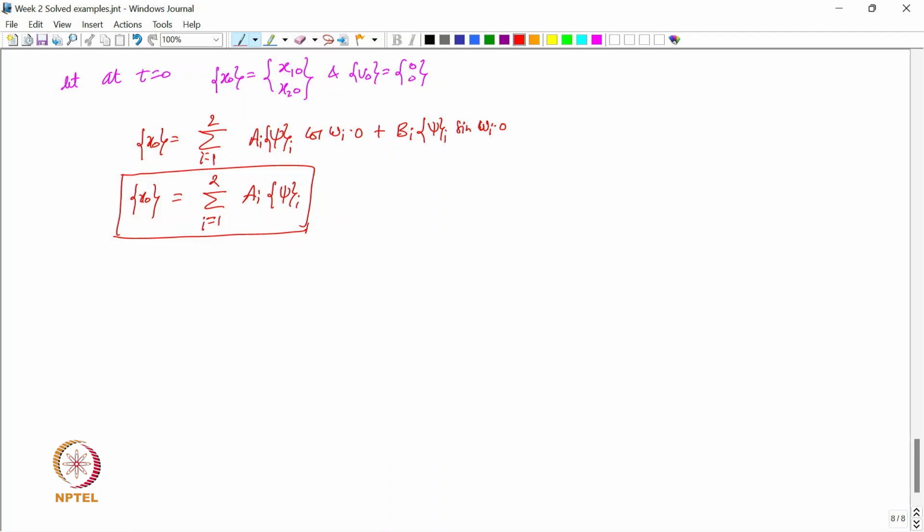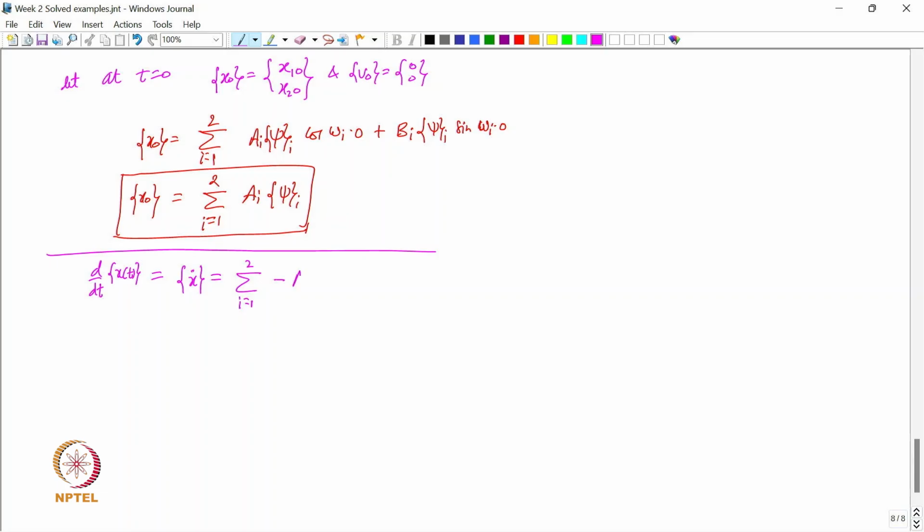Now, let us apply this condition to the velocity. So, for the velocity, first of all we will have to differentiate the expression for x of t. If you differentiate that, then you essentially get velocity x dot, and that would be equal to again the sum from I is equal to 1 to 2, correct, and then you have cos differentiated as sine.